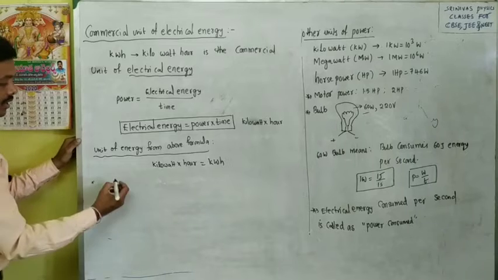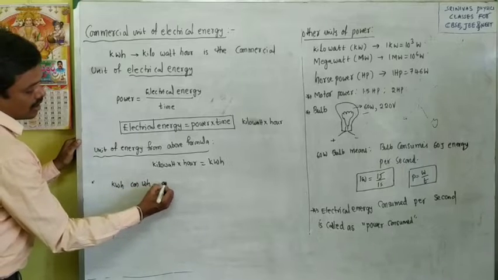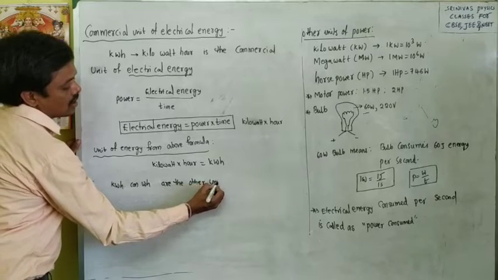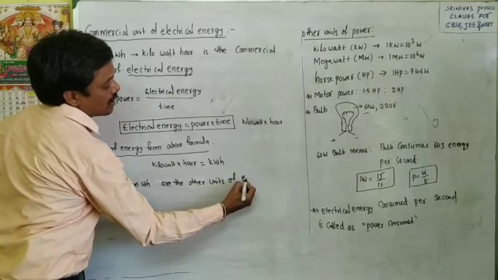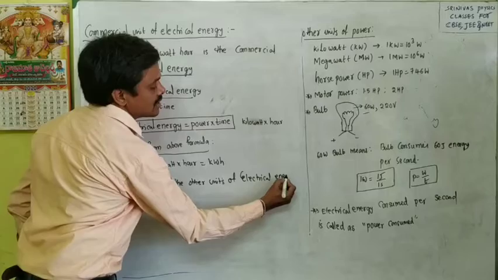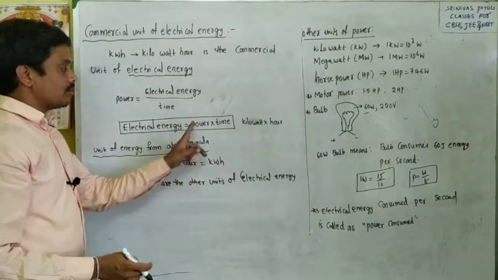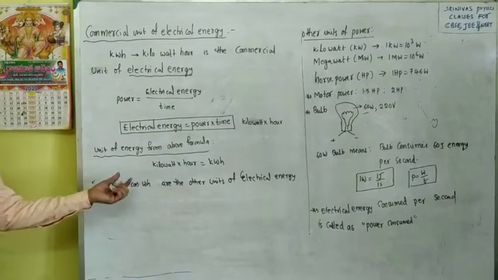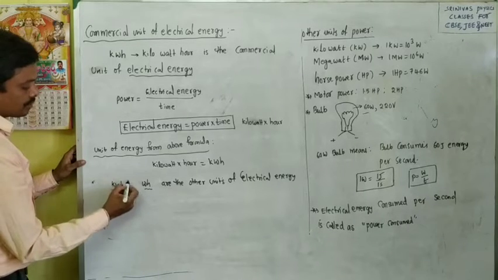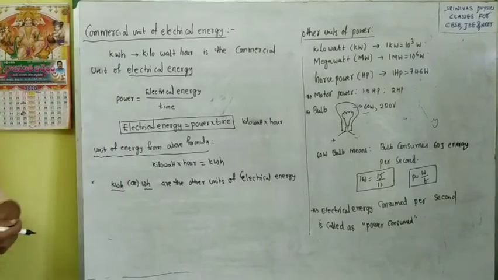Kilowatt hour or watt hour are the other units of electrical energy. Watt into hour, kilowatt into hour, megawatt into hour. These are the other units of electrical energy.